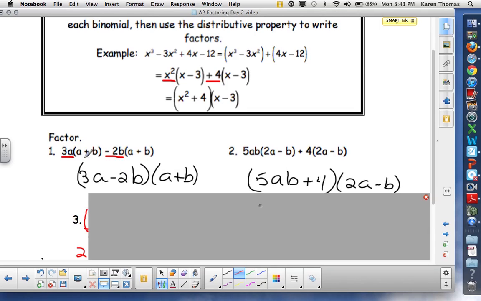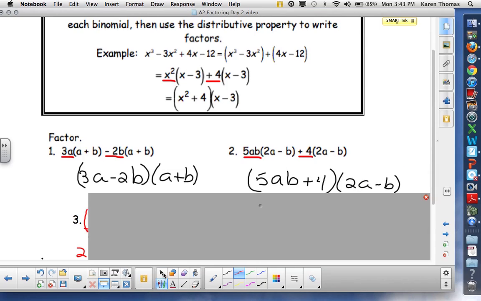So all I have to do is undistribute that a plus b, and I have a factored product. Same thing with number 2. It's already partially factored for us. So I'm going to put the 5ab plus 4 together and the 2a minus b right at once.